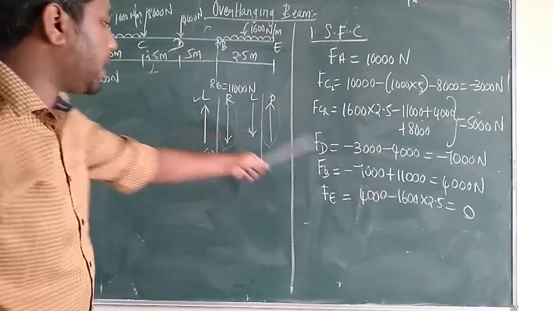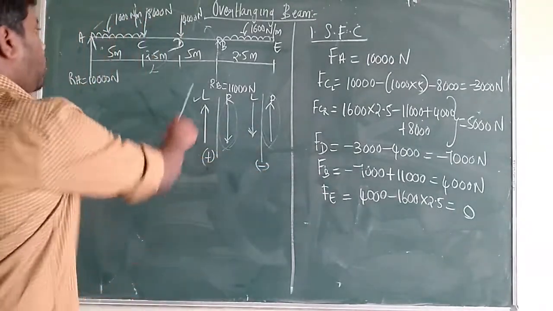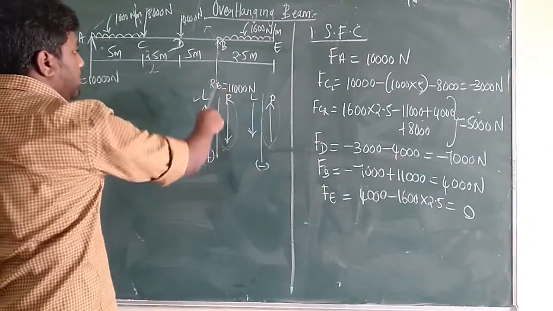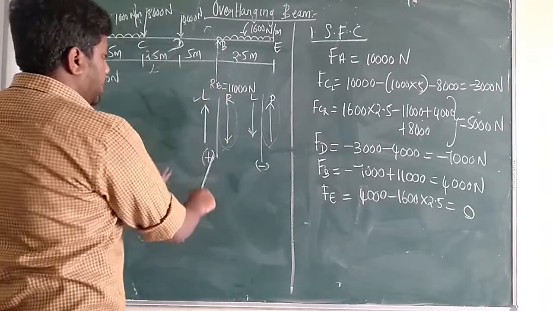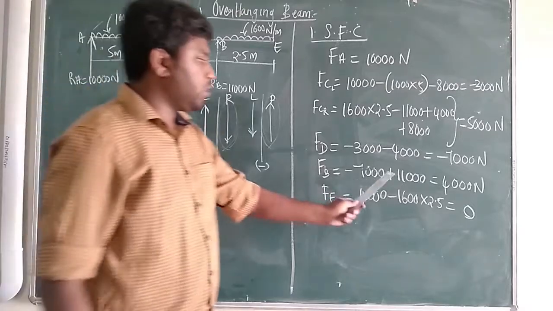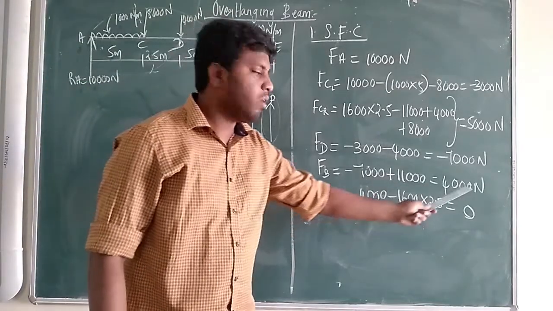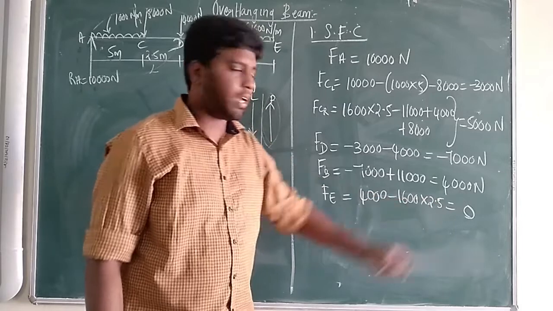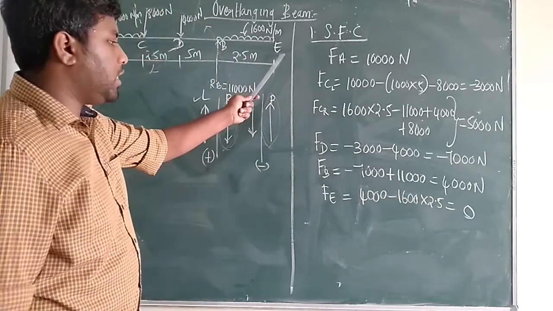So you can directly write minus 7,000. Only one thing you will add is this upward load. In the left of the section, if there is an upward load, it is plus. So minus 7,000 plus 11,000 is equal to 4,000 Newton. Understand?